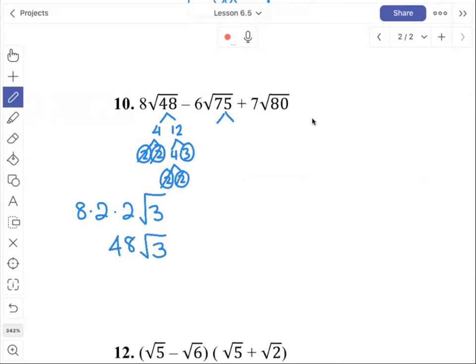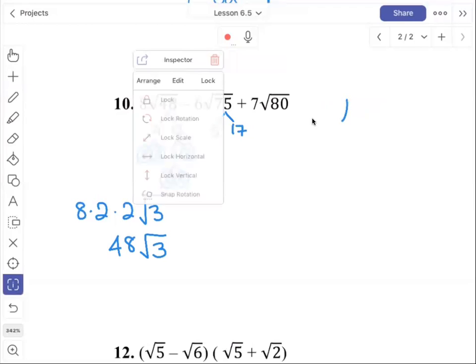75, I'll break down to be 5 and, ooh, brain fart, 15. Okay, sorry. I'm like, that didn't feel right.